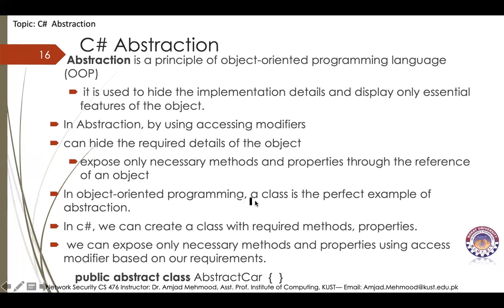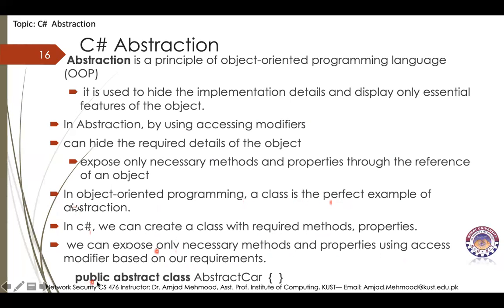In object-oriented programming, a class is a perfect example of abstraction. I'll show that with the help of an example. In C#, we can create a class with required methods or properties, and expose only necessary ones using access modifiers based on our requirement.